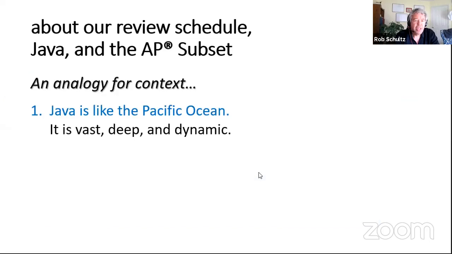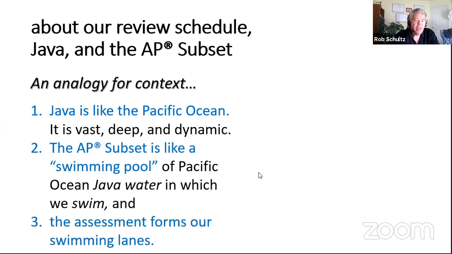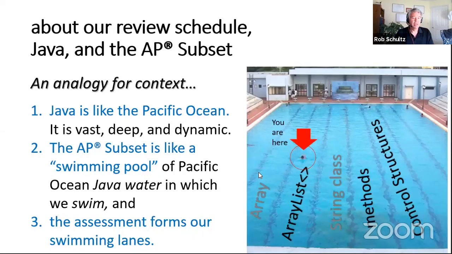As far as our review schedule, I love Mrs. Westerlund's analogy here. If you think of Java as the entire Pacific Ocean, there are a lot of things out there with Java that we don't even come to in this class. So the AP subset that we refer to is like someone scooping up an Olympic-sized swimming pool of the Pacific Ocean and dropping it into a pool, so that now we have our little pool of Pacific Ocean water, and that's our Java water.